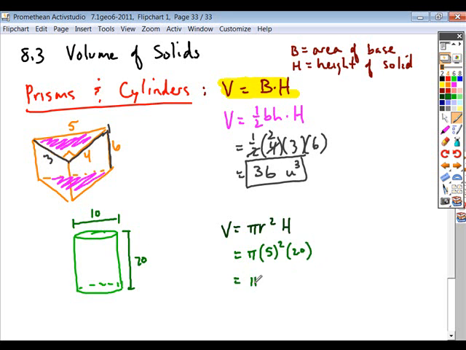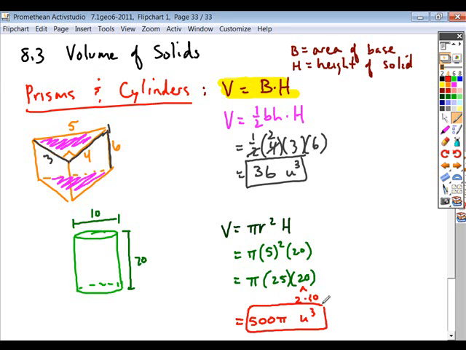So if we multiply these through, we get 5 squared is 25 times 20. And it's easiest when you multiply if you're doing this through mental calculations. If you can mentally think of this as 2 times 10, it winds up being an easier calculation, because if you double 25, you get 50, and then times 10, you get 500. So you get 500 pi cubic units because we're dealing with three-dimensional unknown units.